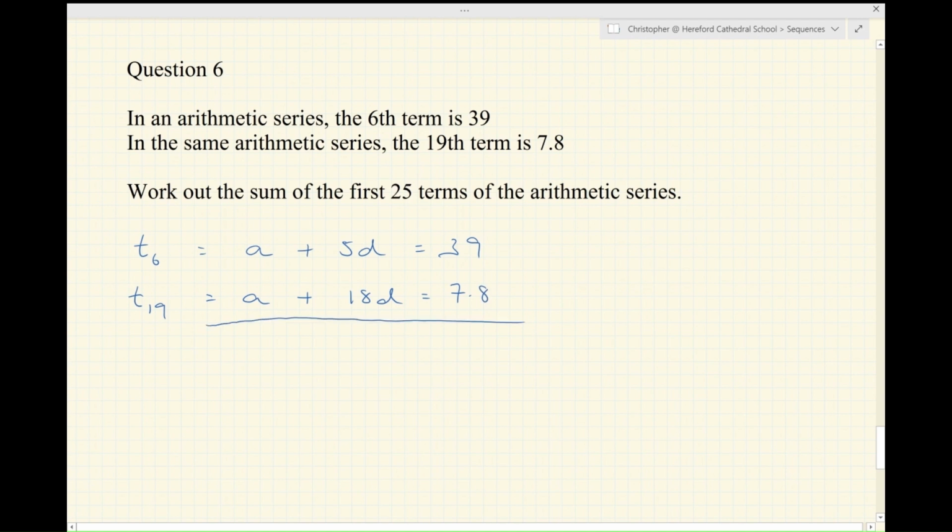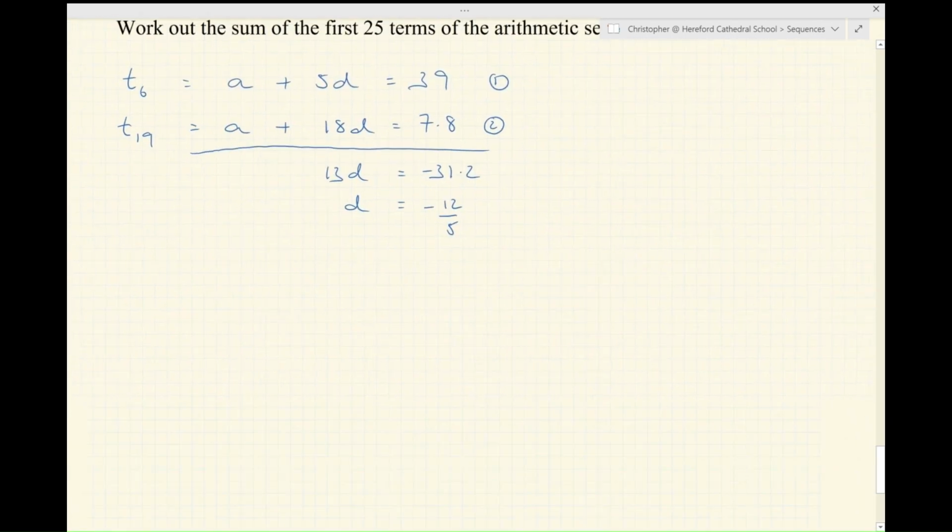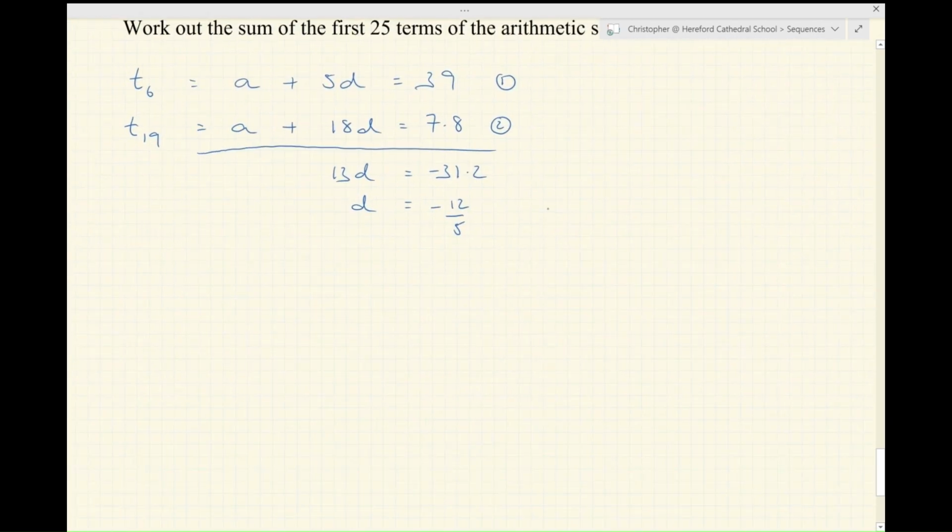If I do equation 2, subtract equation 1, I find that 13d is equal to minus 31.2. And so dividing both sides by 13, d is equal to minus 12 fifths. Substitute that into either one of the equations, and you will find that a, the first term, is equal to 51.